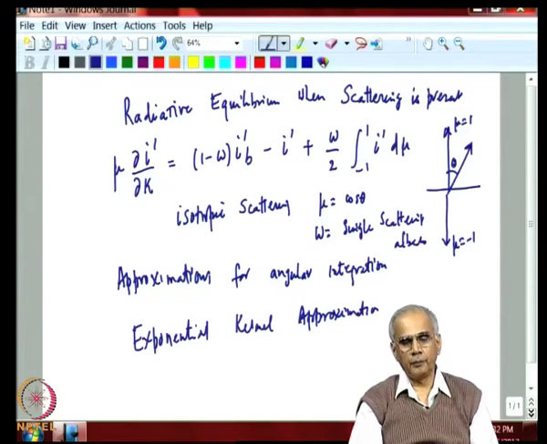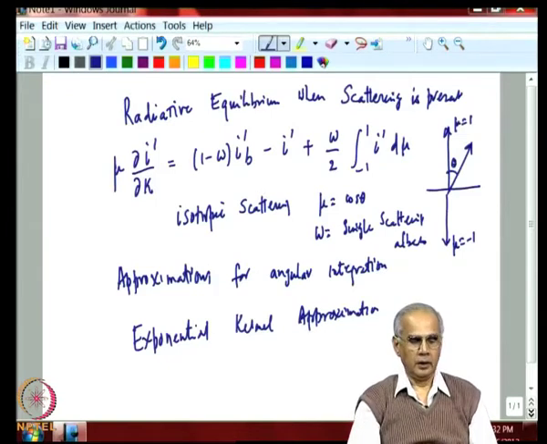But when you get into problems with scattering, the problem gets more complicated, and so one would look for approximations which simplify the problem right in the beginning.